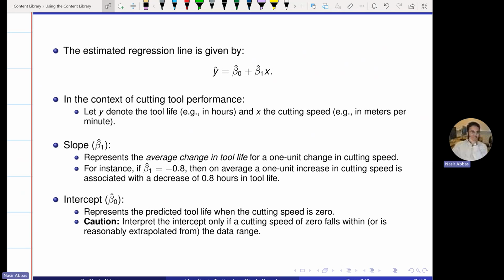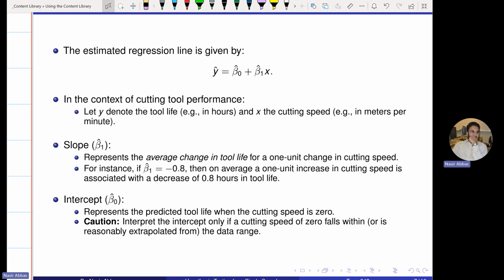The second thing is the interpretation of the intercept. You have to be very, very careful about this one. The interpretation of beta naught hat will be done only if x equals 0 is in your data. What is the intercept mathematically? It's the value of y when the line crosses the vertical axis, correct?